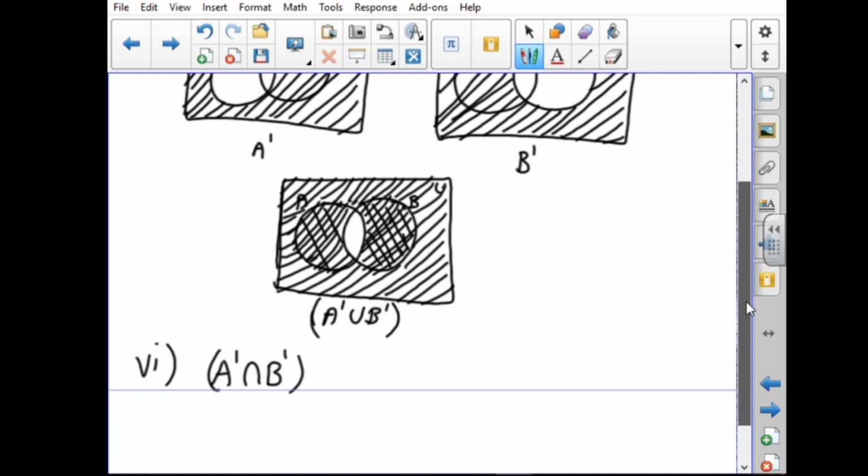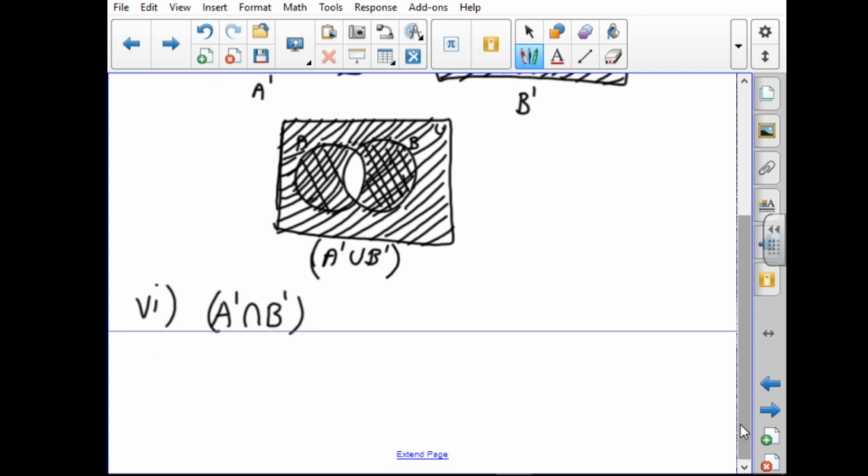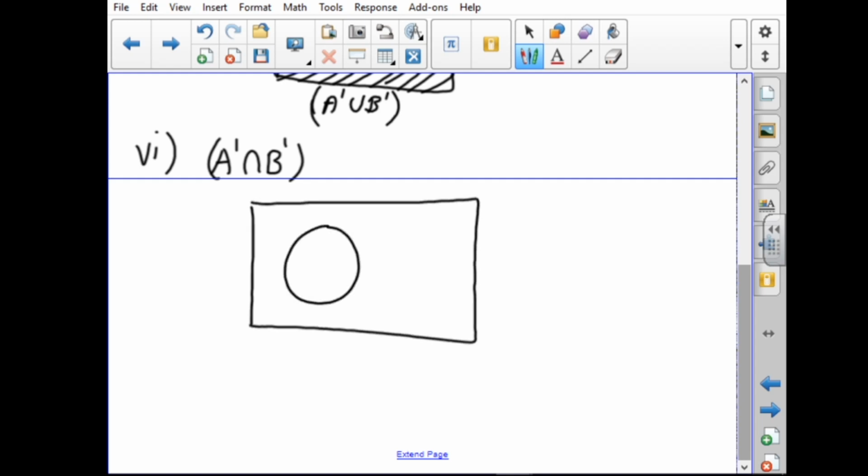For the intersection part, A dash intersection B dash, only the remaining part will come. A dash and B dash we already found, so what are the common parts? You can check it. No need to draw A dash and B dash again.